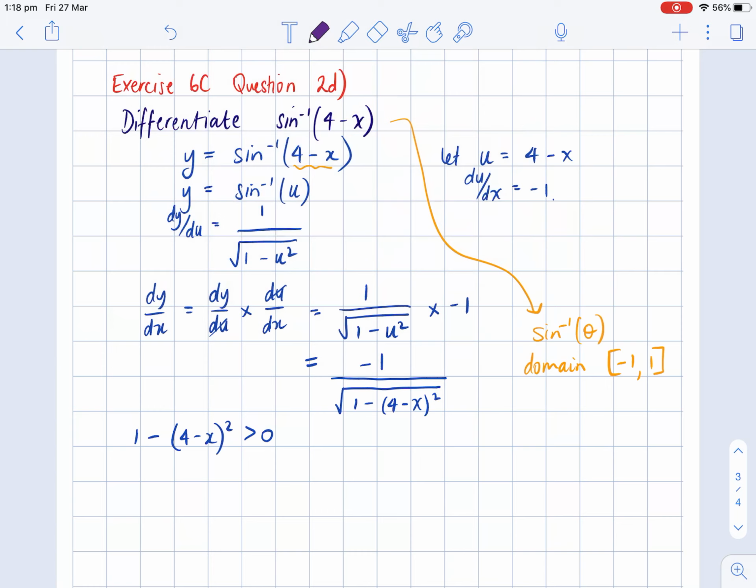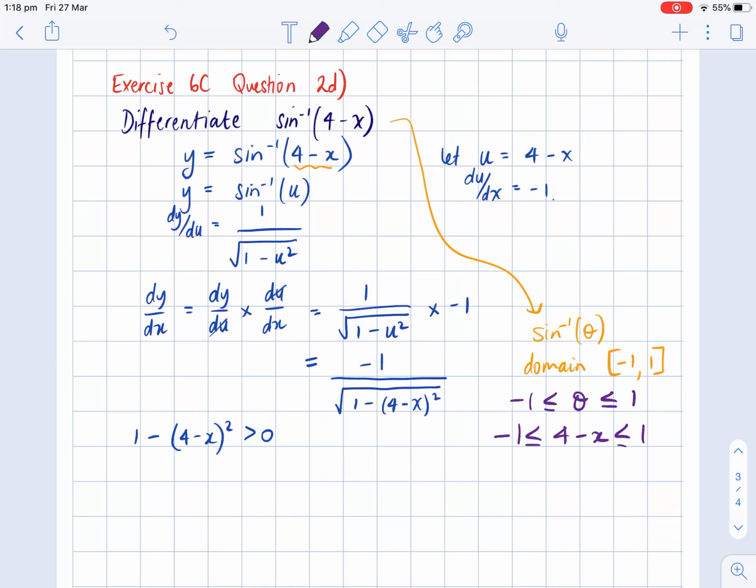Now if I want, I can write that as theta must be greater than or equal to minus 1 and less than or equal to 1. And in our case, our theta is 4 minus x, so it must be less than or equal to 1, greater than or equal to minus 1.